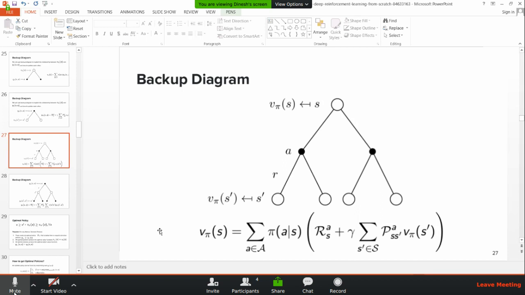Again, it depends on the type of policy: a fixed policy, a deterministic policy, or a stochastic policy.